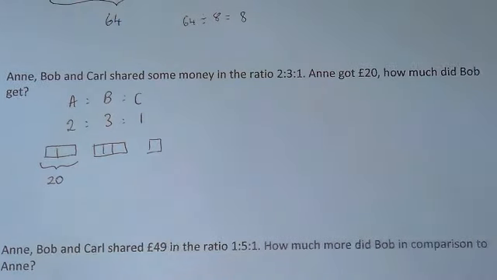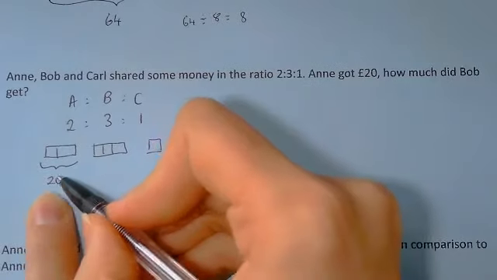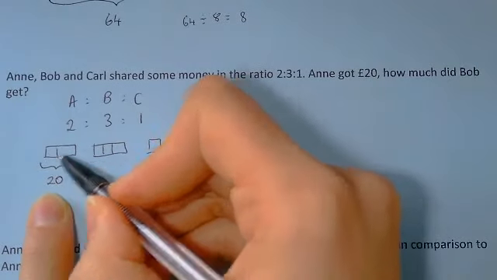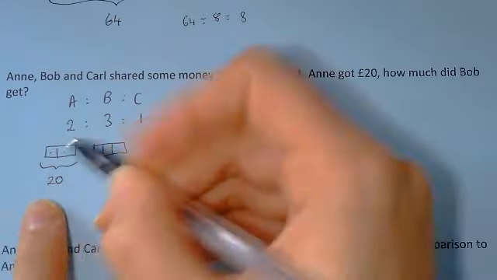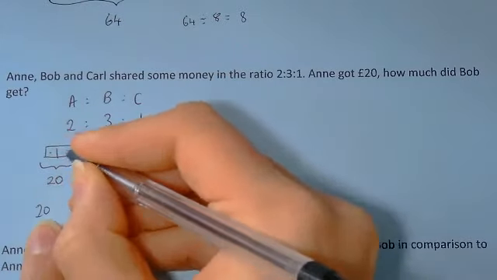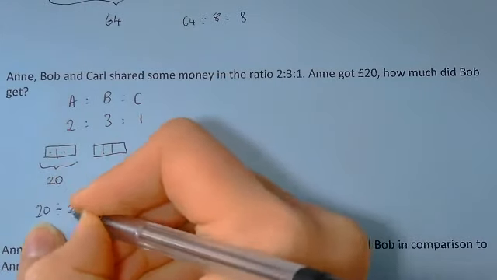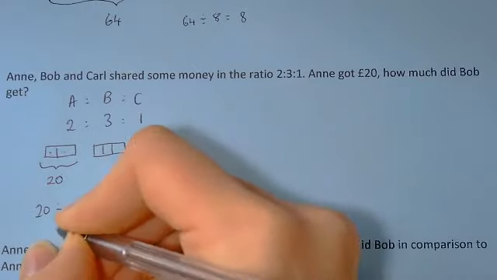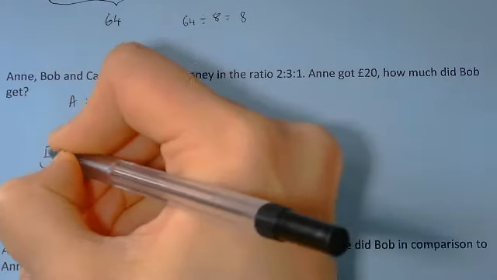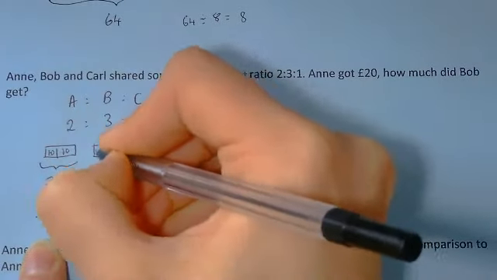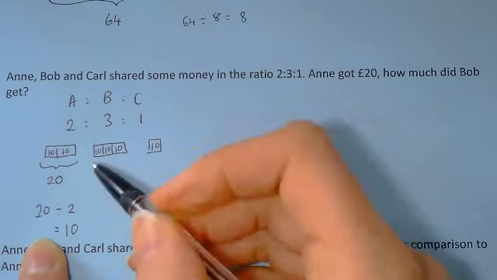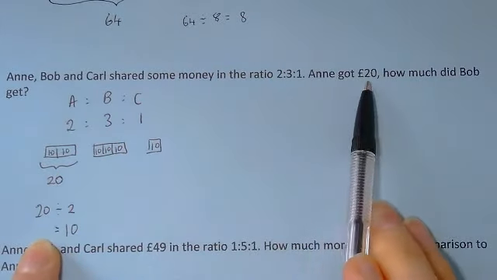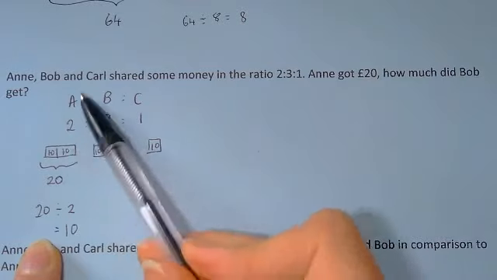Right, well, let's go back to our method. Anne got £20. So look, we've got £20 for Anne. So how much must each of these be worth? Look, I've got £20 and I'm sharing it between these two blocks or bars, which gives me 10. So each bar must be worth 10. I did that by saying that Anne got £20.